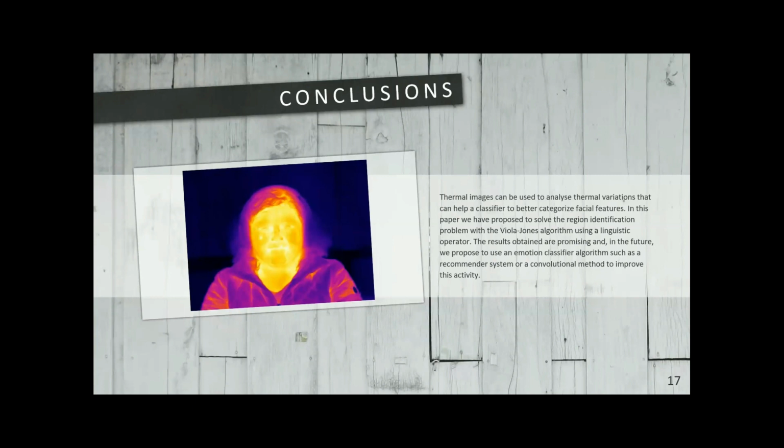And in the future, we propose to use an emotion classifier algorithm that could get these features automatically, because we did the extraction manually. So we're going to use this kind of preprocessing to get a program to do this automatically.